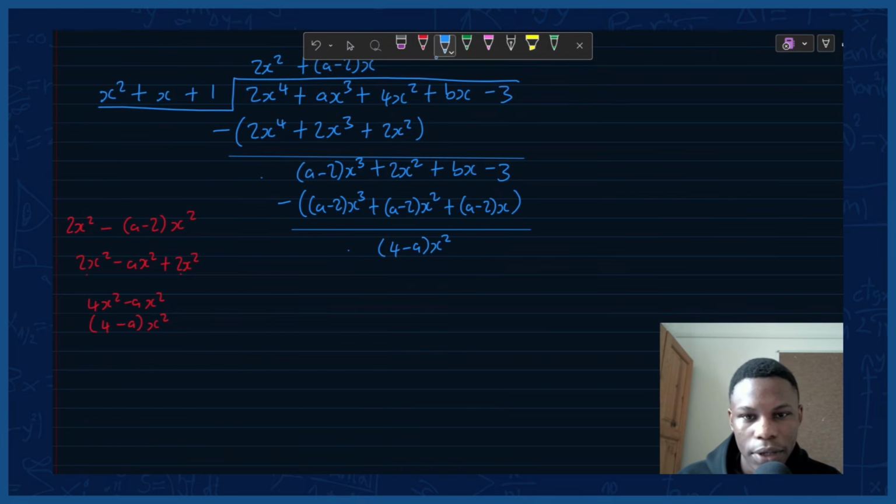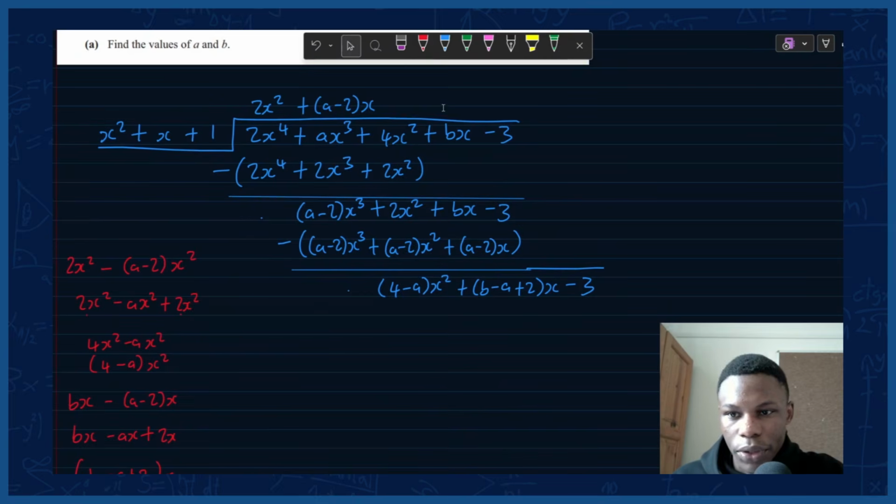Then we do the same for bx minus a minus 2 x, which is bx minus ax plus 2x. There's nothing we can really simplify, so factoring out the x, that's b minus a plus 2 x. And we still have this minus 3.